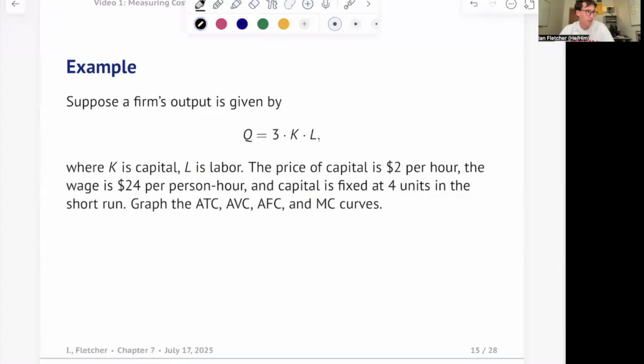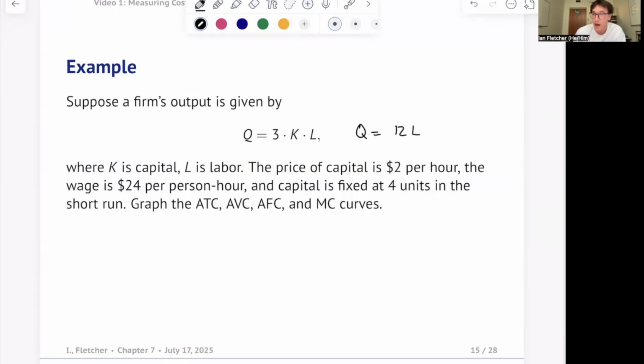And so when we're thinking about something that looks like this, let's just think kind of in the abstract here. Capital is fixed at 4 units, so our Q is 12L.